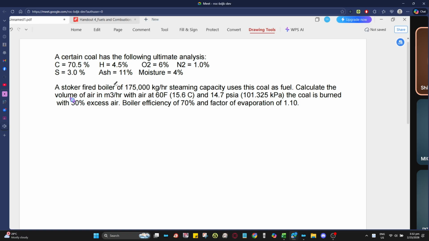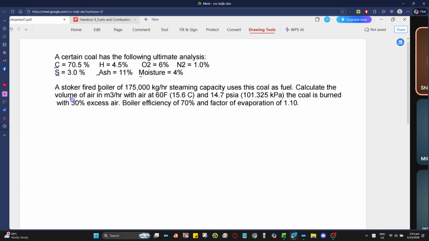Okay, so we have this example. A certain coal has the following ultimate analysis, with weight percentages for carbon, sulfur, hydrogen, oxygen, nitrogen, ash, and moisture. If we total this ultimate analysis, it equals 100%.